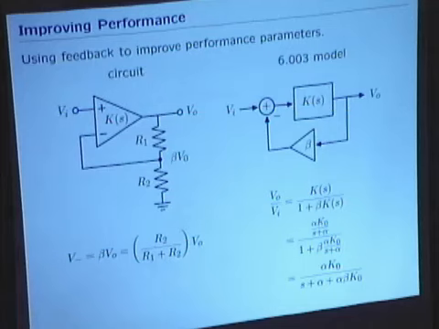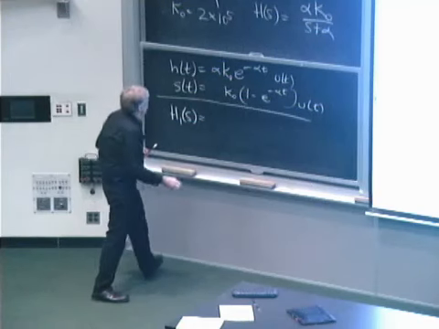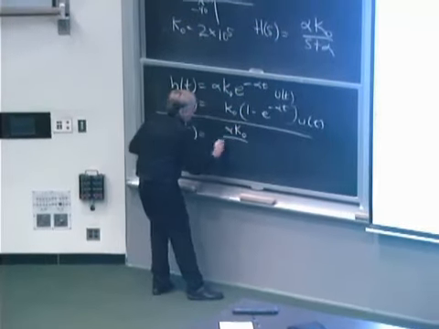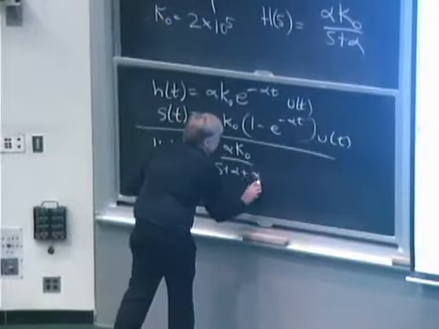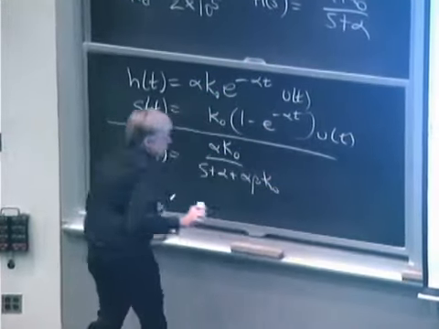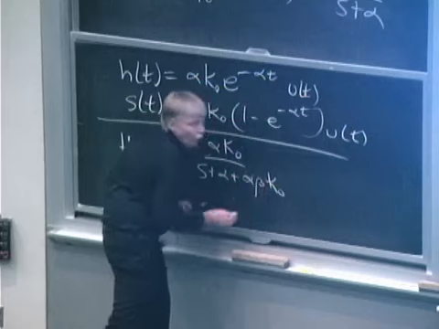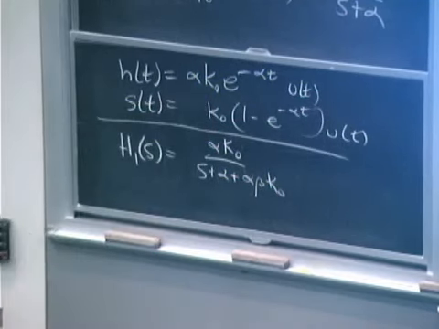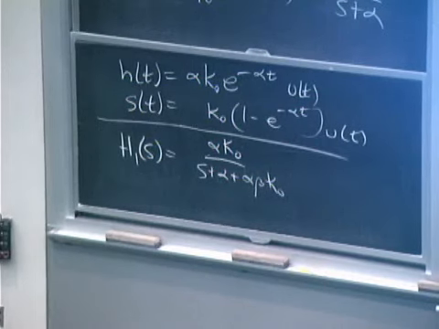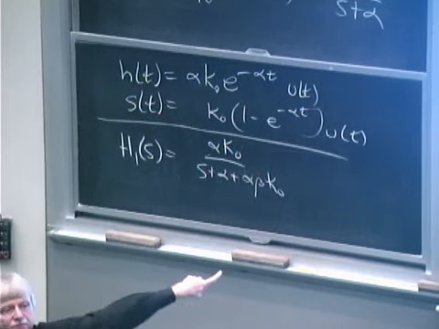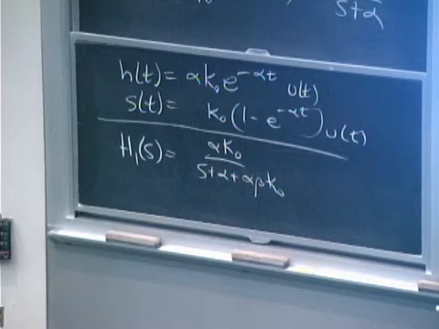So H of s, which had been alpha K naught over s plus alpha, becomes alpha K naught over s plus alpha plus alpha beta K naught. Okay, so the point is that we can think about the way the feedback changes the system function by just formulating what the circuit looks like in terms of a 6.003 block diagram. Okay?